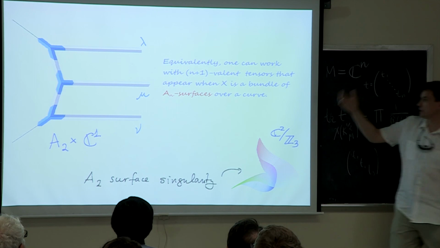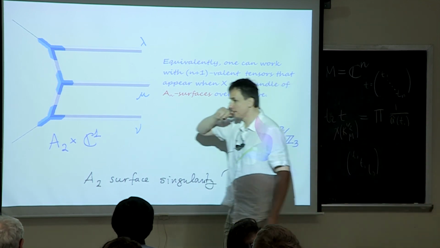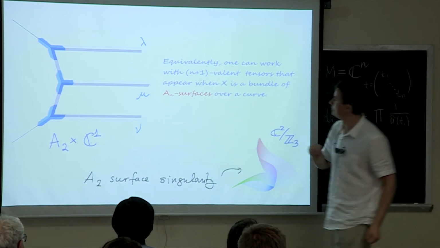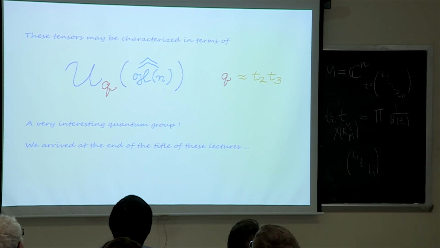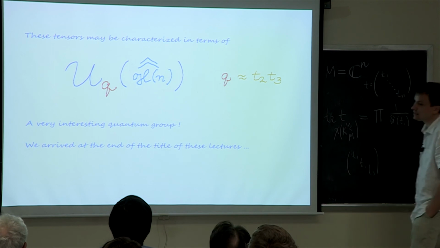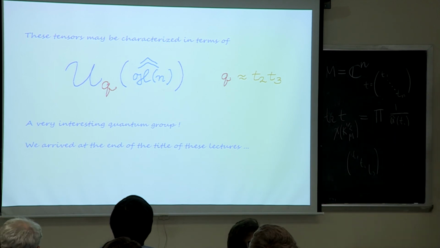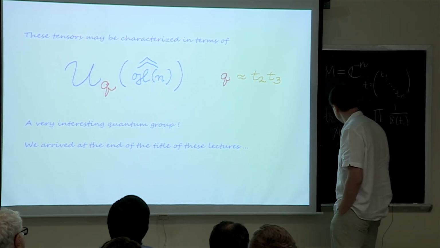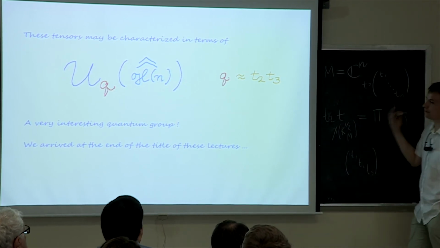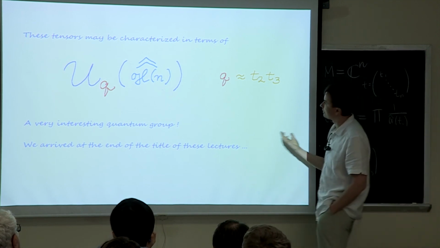And so if you know this, then you know everything, in some sense. So the statement is that this is a tensor whose labels take elements in the covariant K-theory of the Hilbert scheme of AN surfaces.